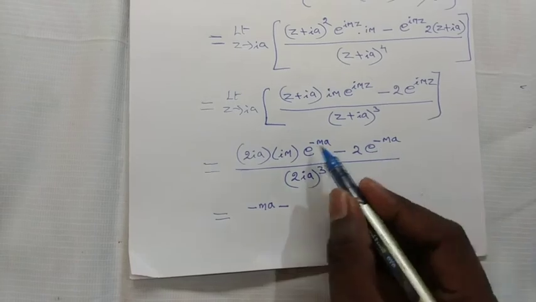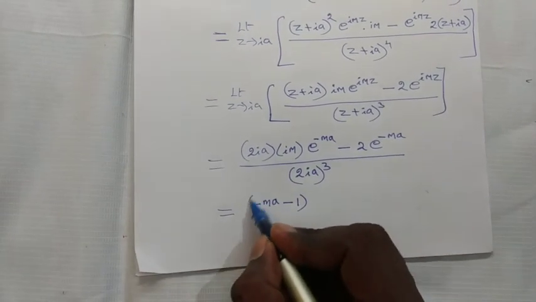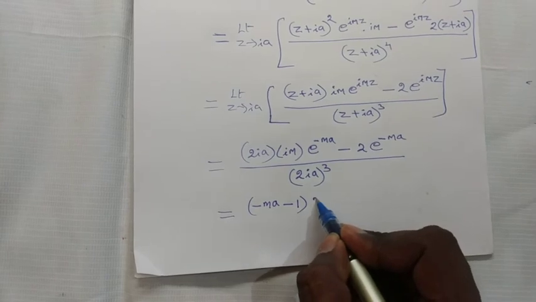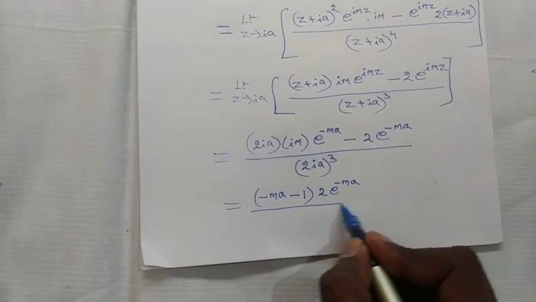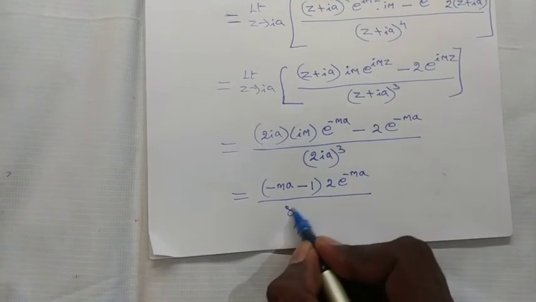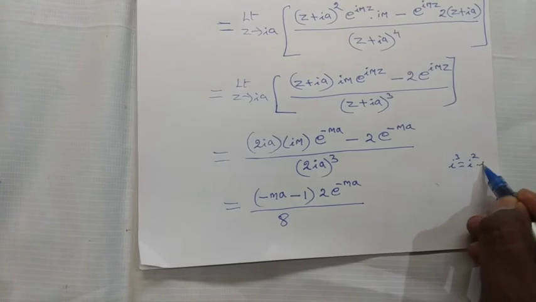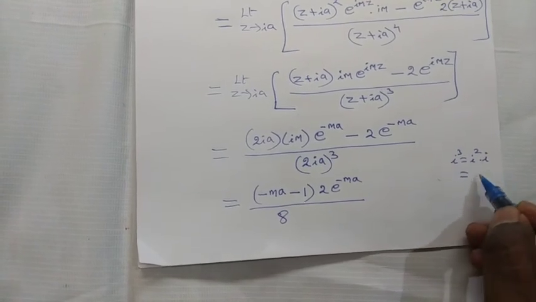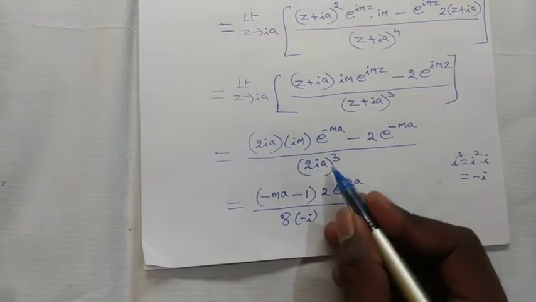Here 2 into e power minus ma, take outside, so minus 2 into e power minus ma, take outside. Whole divided by 2 cube is 8, i cube. What is i cube? i cube is i square into i. i square is minus 1, minus 1 into i, minus i. So this is minus i into a cube.